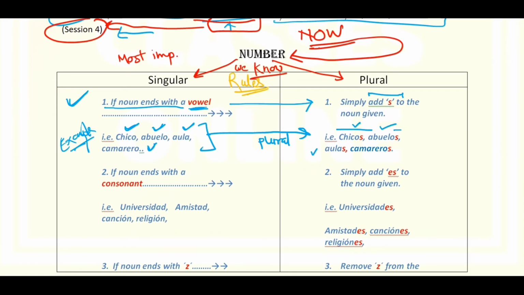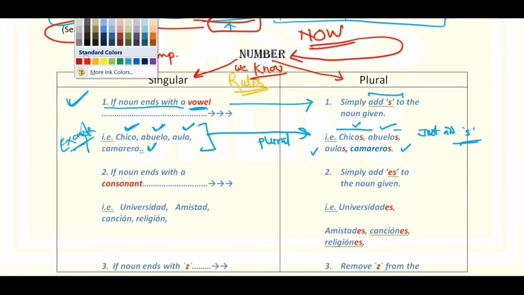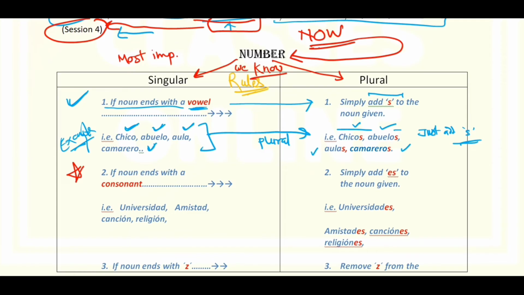Chicos, adding s, abuelos, added s, aulas, added s, camareros, in red color, you can see these are plural nouns. We have converted singular to plural. This is step number 1, where for any vowel ending words we have added s to get the plural.